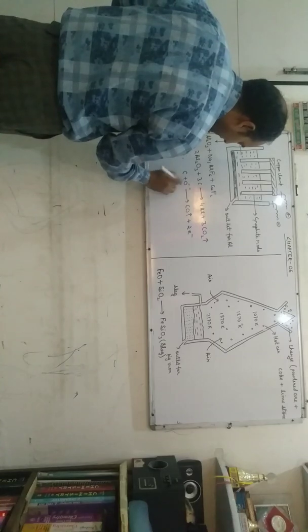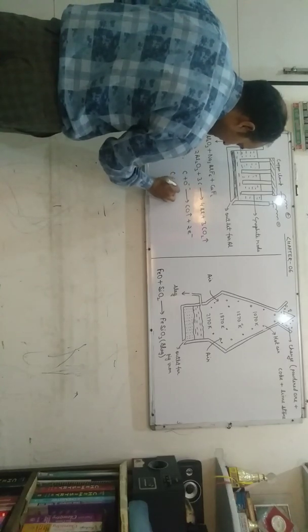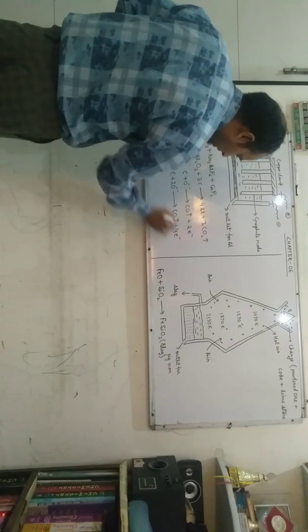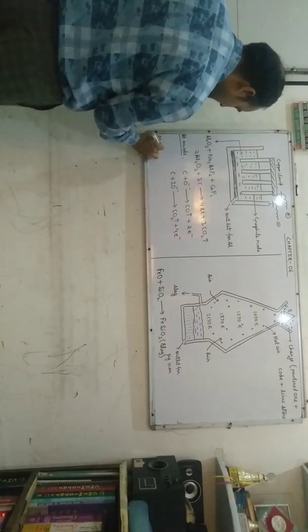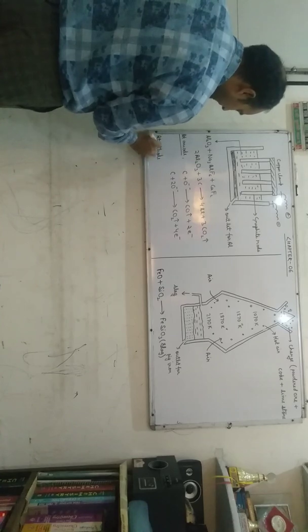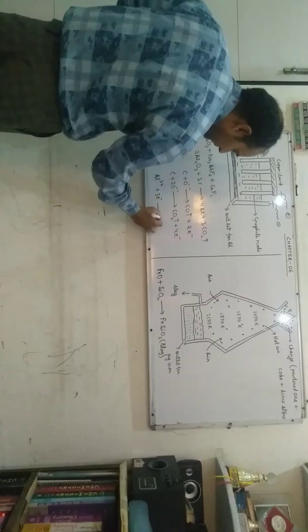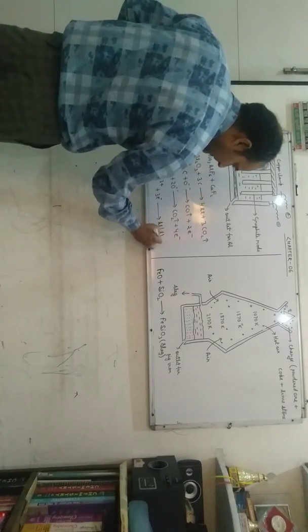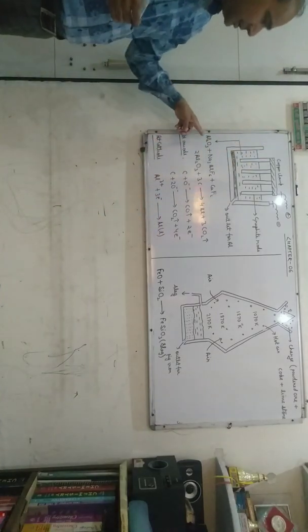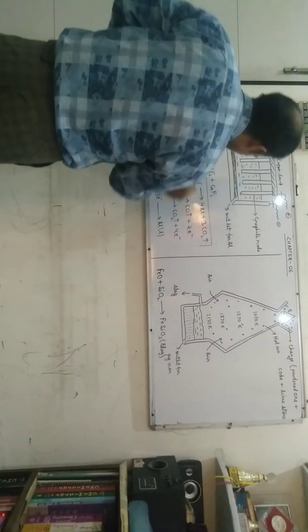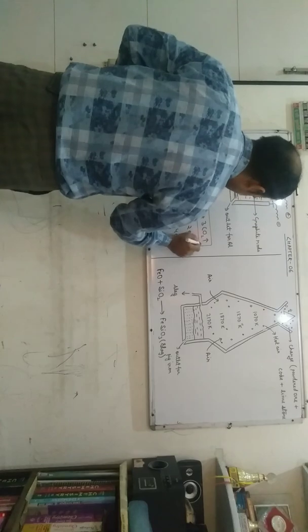Further, carbon reacts with 2 oxide ions to form carbon dioxide with elimination of 4 electrons. At cathode, Al3+ on gaining 3 electrons gives molten Al. The overall reaction is 2Al2O3 plus 3C gives 4Al plus 3CO2.